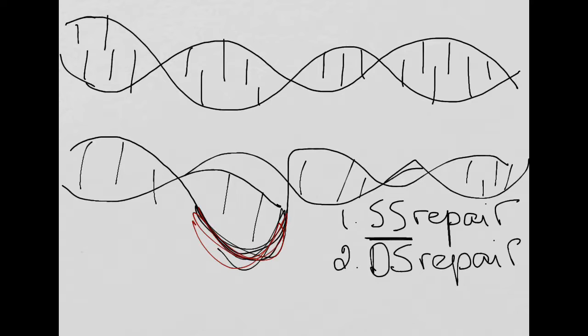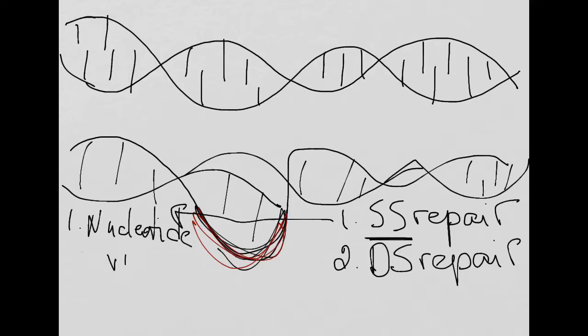Within the single strand repair, there are three main types of repairs, and I will write them here. Number one is nucleotide excision repair. So I'll just put nucleotide right here. One of the best examples of that type of repair is UV light damage.